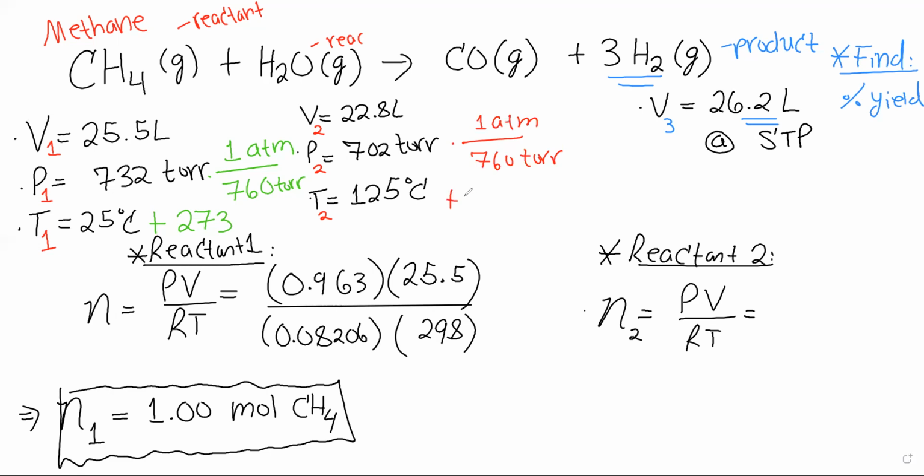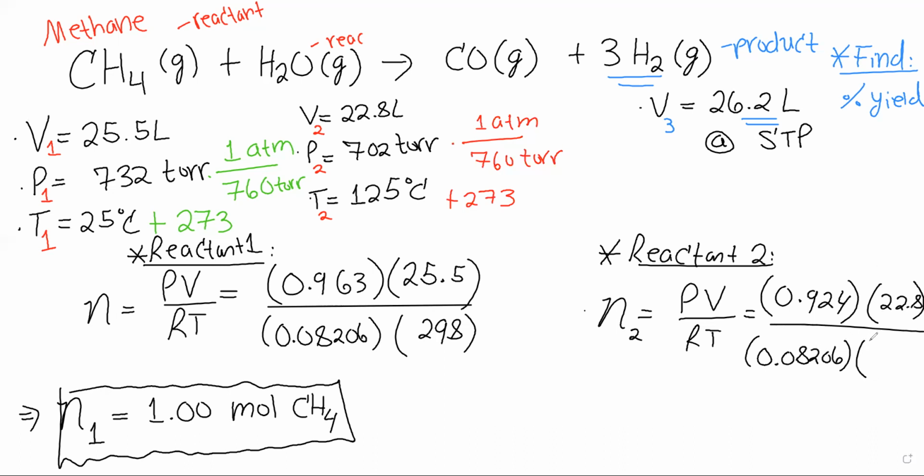And of course, I'm going to add 273 to the temperature in Celsius. So the pressure is 0.924 for reactant 2. The volume is 22.8 liters. R. The temperature should be 125 degrees Celsius plus 273. This gives 398 Kelvin.